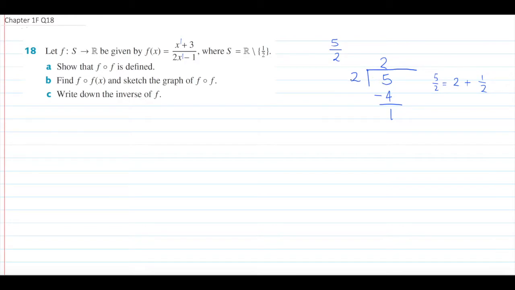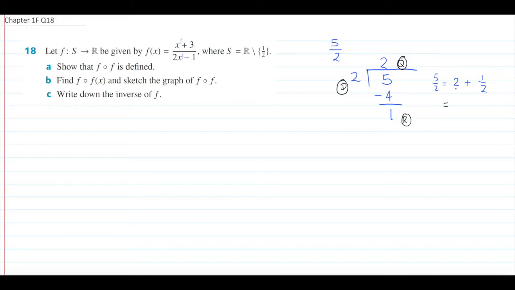I'm going to make it a bit more standard. We call the number 2 over here the divisor, so put D, and we'll call the number 2 up top here the quotient, Q, and then we call this remainder 1 as R. If you want to put a name to the number 5, that's called the dividend, but we're not going to need it. What I'm going to show you is the formula for long division, or how you write the end result of a long division.